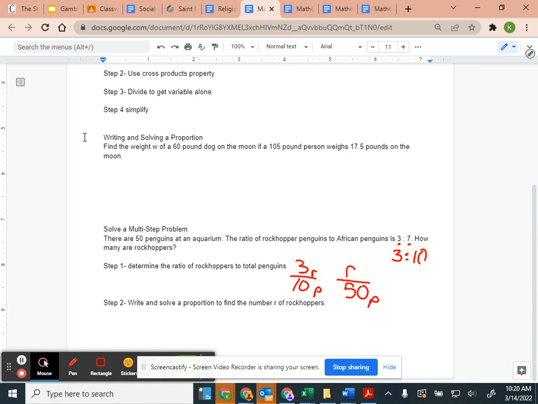So let me see here. How do I solve this then, Peyton? Same steps I've been doing. What's my first step? I want to solve for my rockhoppers. So you do 3 times 50. So I'm going to multiply it by 50 on both sides. It's 150.